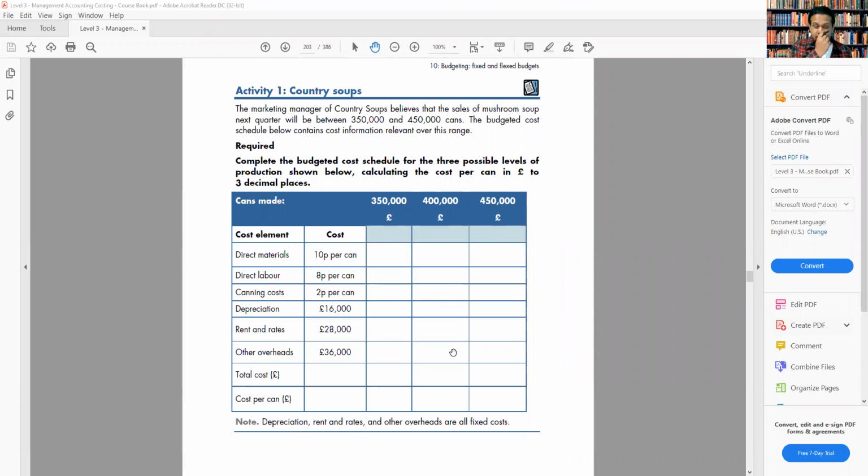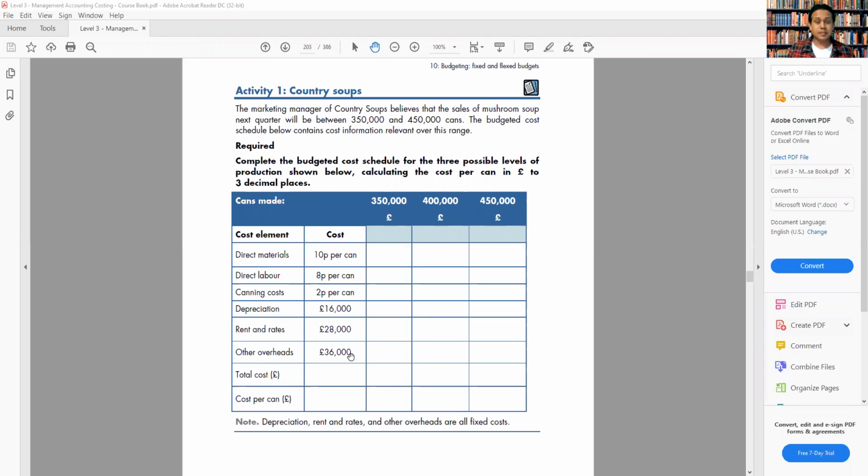In this activity we can see we have to calculate the budget. Complete the budgeted cost schedule for the three possible levels of production shown below, calculating the cost per can in pounds to three decimal places.